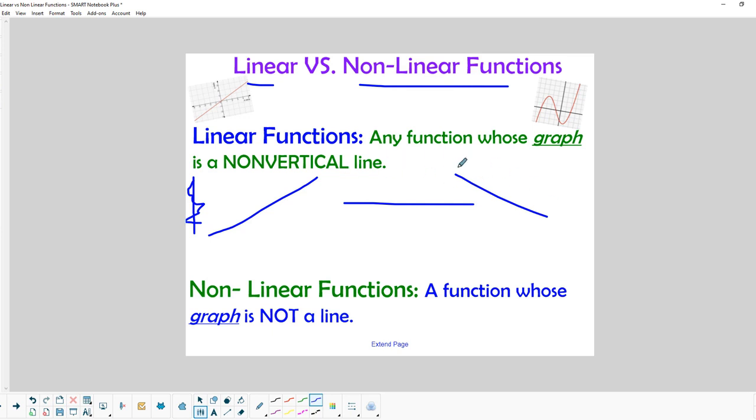Any function whose graph looks like this would be called a linear function. Meanwhile, a function whose graph is not a line, such as if we graph it and it looks like this, would not be a linear function. That would have some other name. Or if it went like this, or like that, that would be a nonlinear function if that's what the graph looks like.